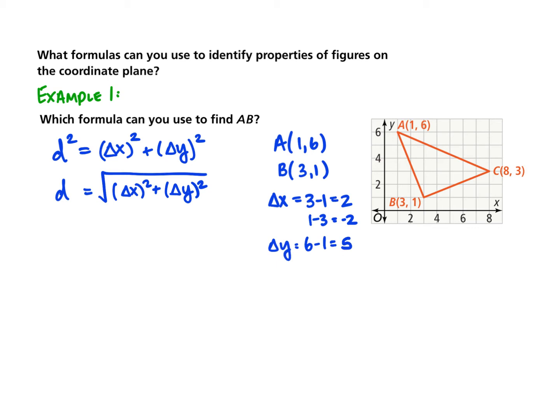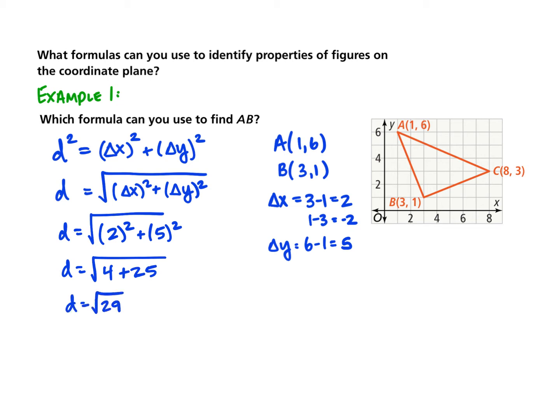So now I'm going to take those two amounts and put them into my distance formula. Distance will be the square root of the change in x squared plus the change in y squared. So that's going to be a distance of the square root of 4 plus 25, which is the square root of 29. And I could leave it like that as an exact answer.